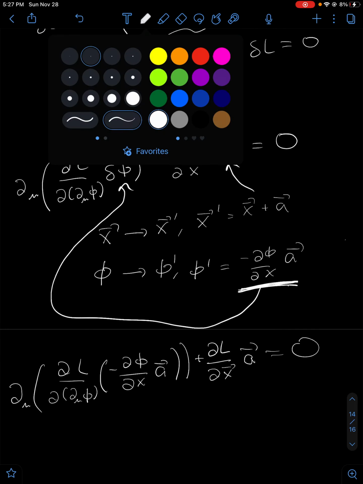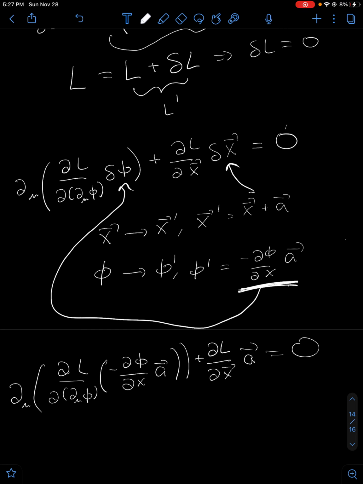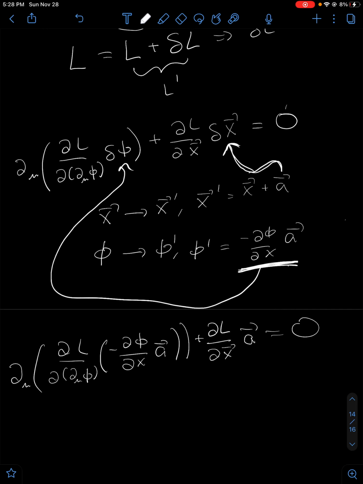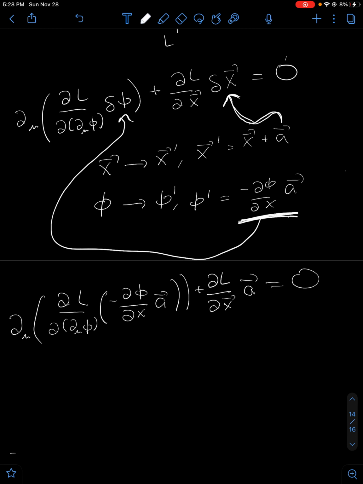I wrote this incorrectly. It's a that goes to this delta x. I wrote it as x vector goes to delta x, but no, a is the analogous part of delta x, right? So this would be the a vector, and this whole thing equals 0.